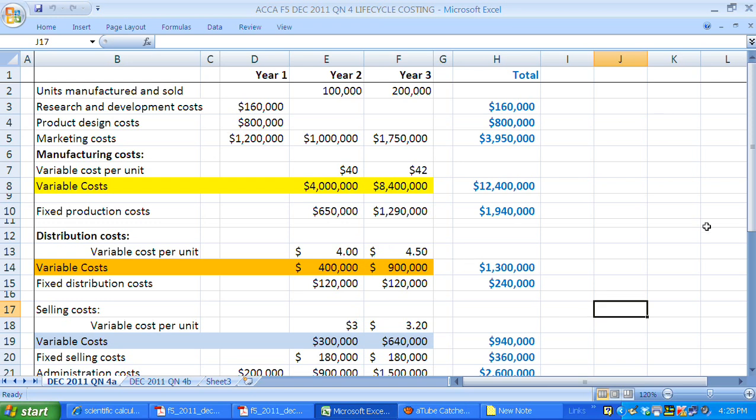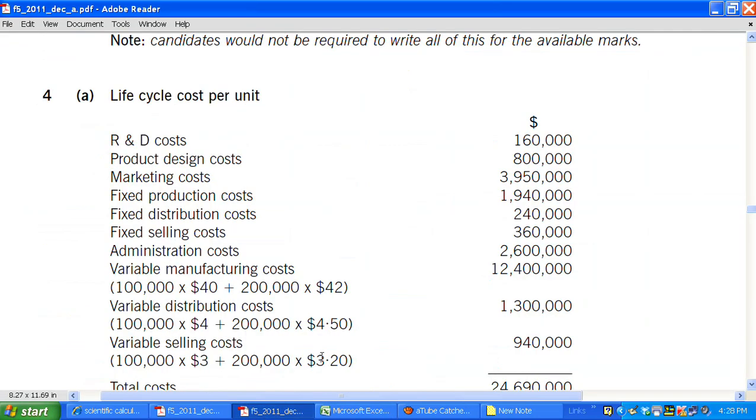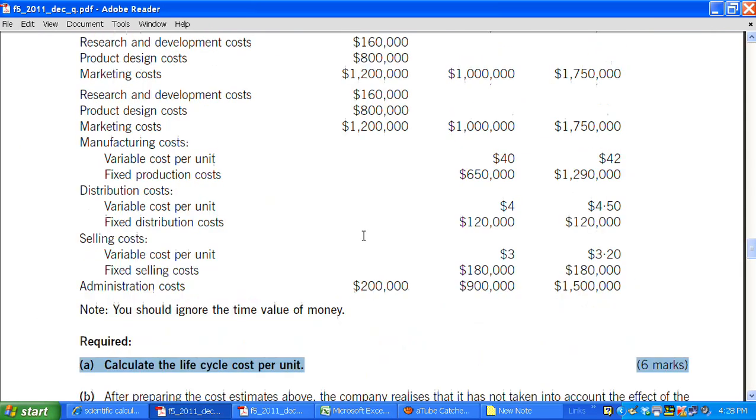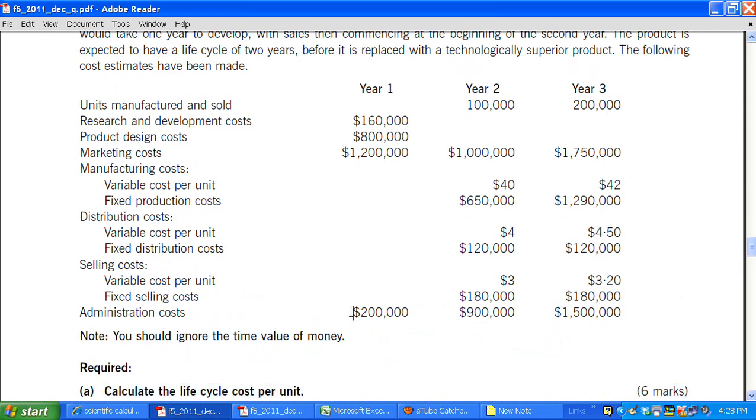So quickly let's look at this template which I have right here. The information we've been given is right here. You have 3 years of production. In year 1 we've incurred research and development costs and marketing costs.